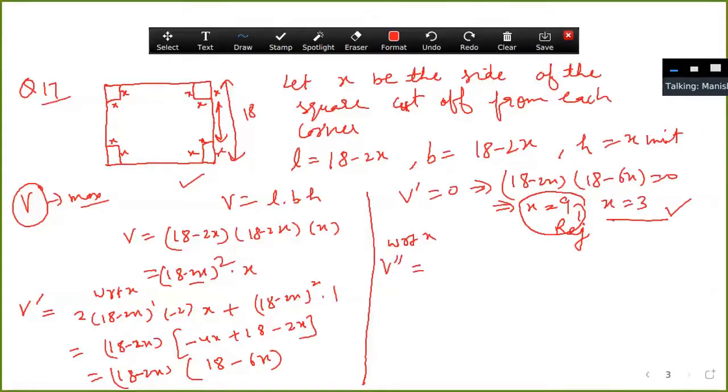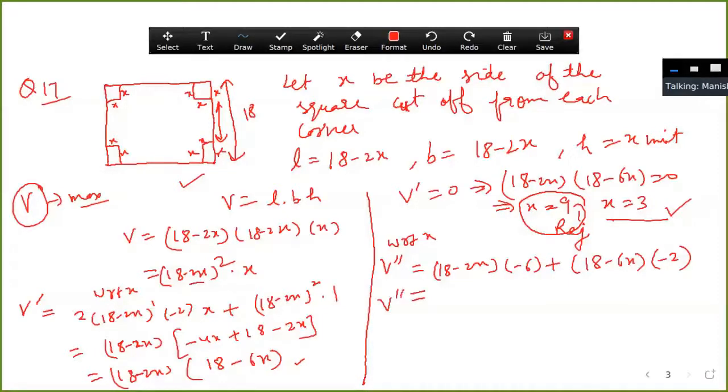That will be equal to, you can differentiate it like 18 minus 2x, and derivative of the second factor will be minus 6, plus 18 minus 6x as it is, derivative of 18 minus 2x, that becomes minus 2. Simplify it and you are getting the second derivative at x is equal to 3.